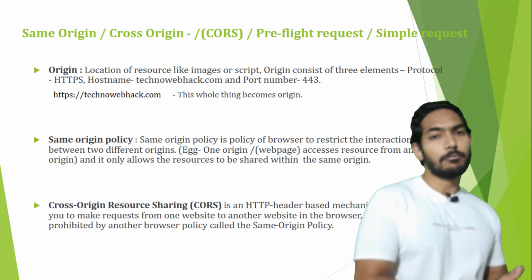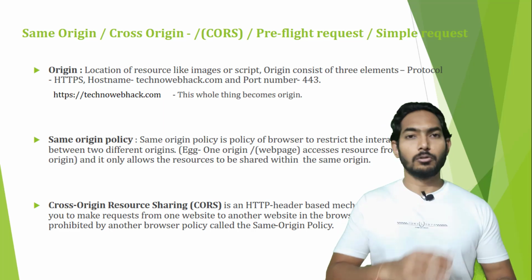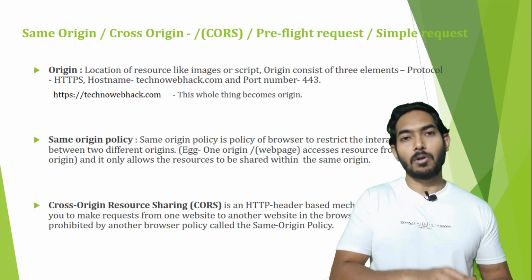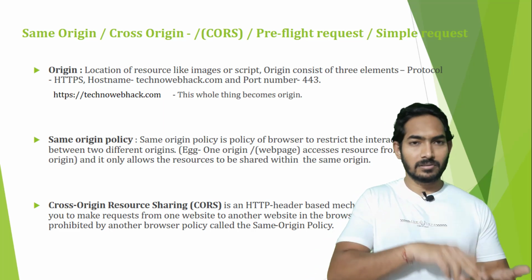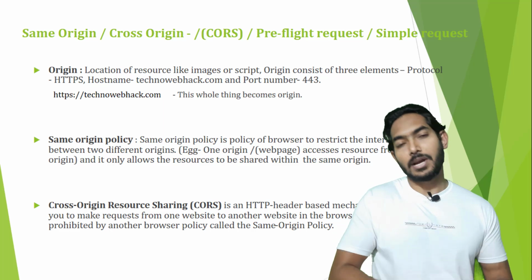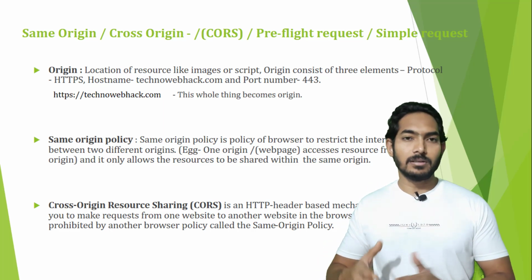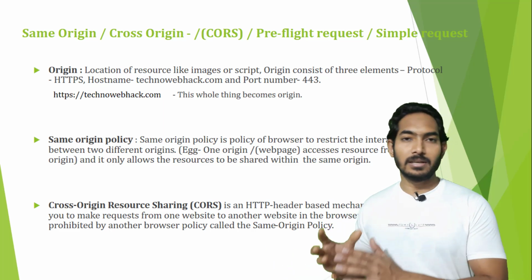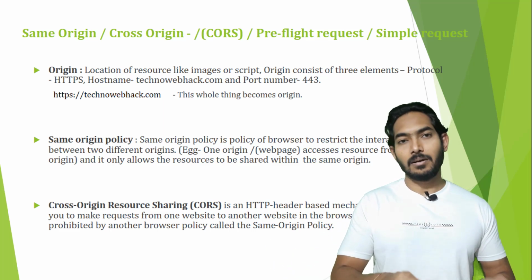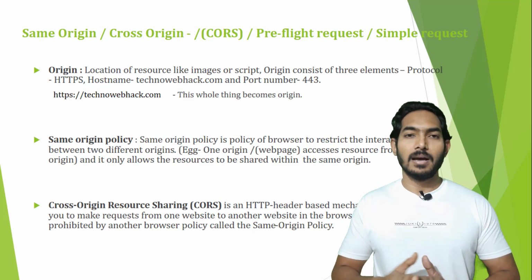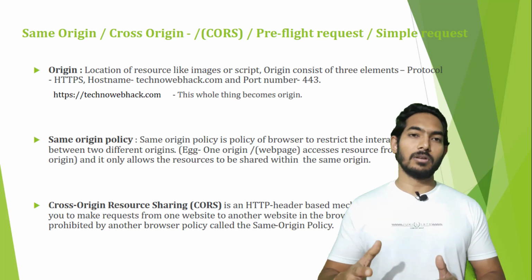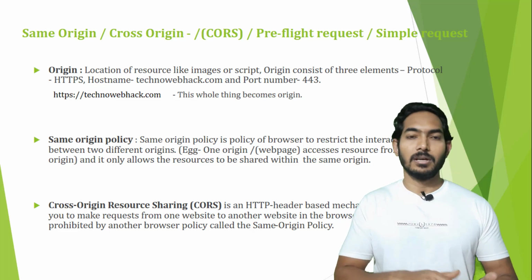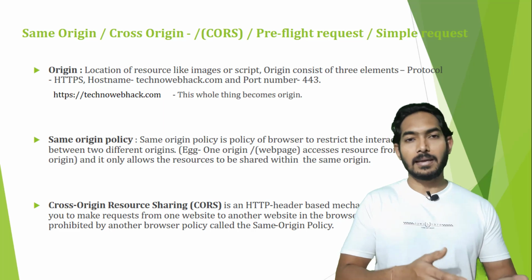Now let's understand what the same origin policy is. The same origin policy is a browser mechanism, a policy of a browser, which prevents resource sharing, where it prevents the resources from being accessed from any third-party site. By default it is provided by browsers, and not any browser, but some like Firefox, Chrome, Edge, and now Safari also supports it, Opera and IE11.